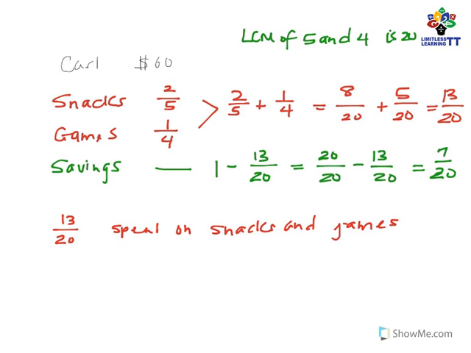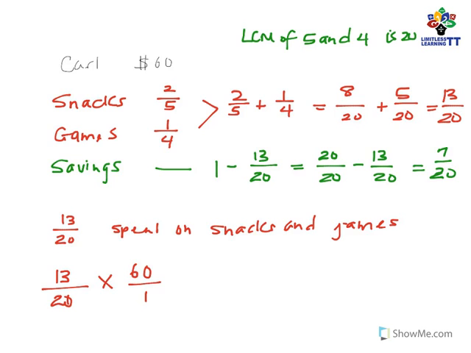Of is my keyword, and again, of by itself means to multiply. So we're looking at 13 over 20. That's the fraction that represents snacks and games of the $60 that Carl has. And so my answer is going to be in dollars because, again, I'm looking to find out how much money was spent. So I can look at 20 and 60.